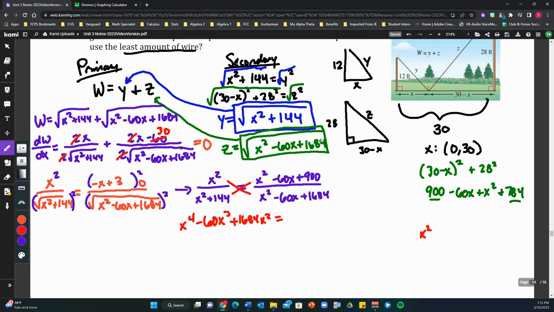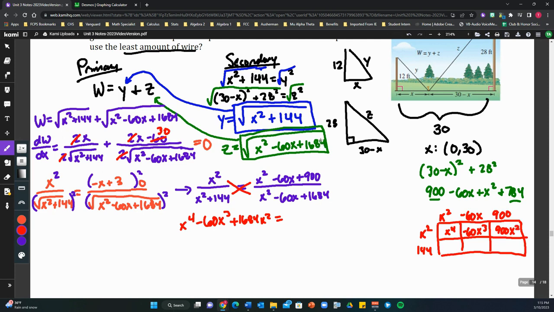and then on the other side, this one's a little bit trickier, so no harm in setting up a quick little box. And these numbers are gigantic, so definitely not a bad idea to grab a calculator. You will need a calculator to do some of this multiplication, unless you are a super genius or you have the answers to the problem sitting close by. So this would give me x to the fourth, negative 60x cubed, 900x squared.